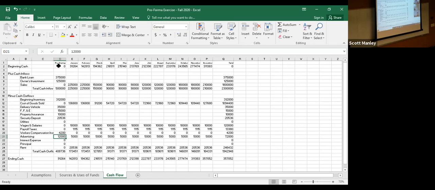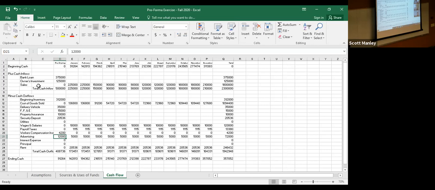Always, always, beginning cash plus cash in minus cash out equals ending cash. Now it's not quite that easy because we've got different types of cash in and lots of different types of cash out, right? So we need to put subtotals on our cash in and our cash out.